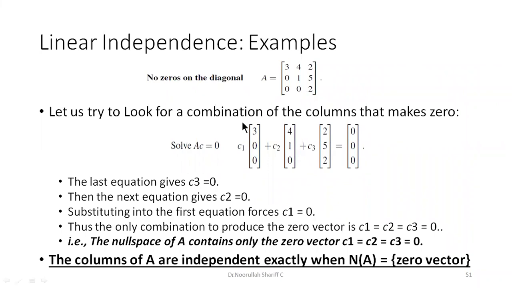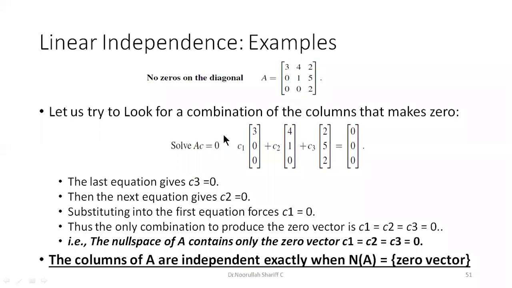And then the second equation: c1 into 0 is 0, c2 into 1 is c2, c3 into 5 is 5c3, equal to 0. That is c2 plus 5c3 is equal to 0. And already we have c3 equal to 0. So c2 plus 0 is equal to 0 will give us c2 equal to 0.